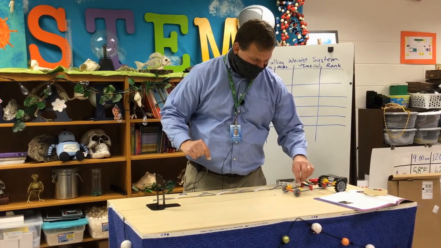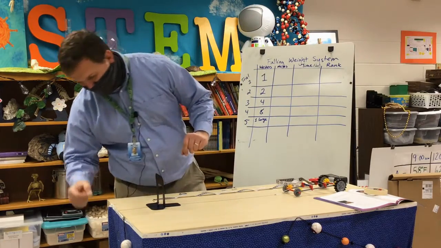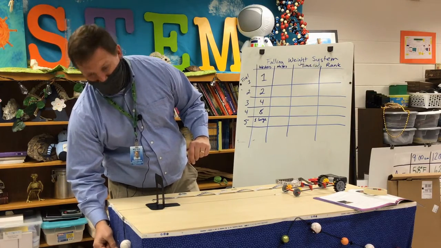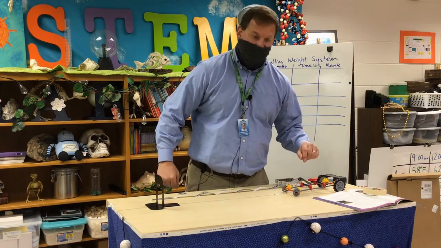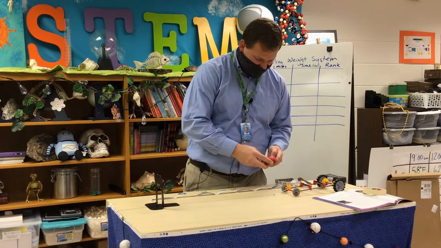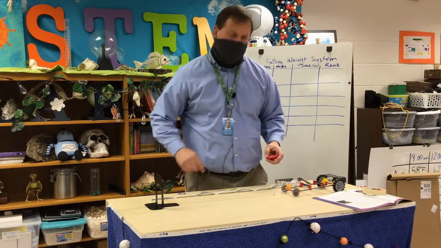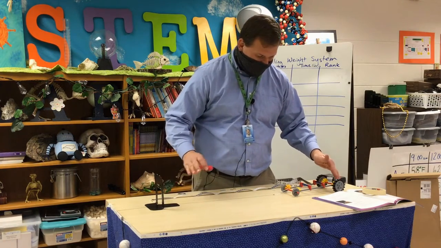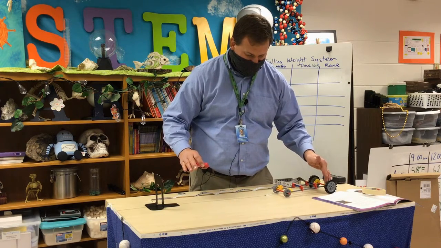Double check that we don't have any friction of any of the parts rubbing together. And so now I'm going to put the washer on our hook and make an observation and record. So our vehicle is not moving. I'm going to start our clock too. And now what I'm going to do is just lightly give it a little tap and see if any of the pull of the washer is moving it, and continue to give it small taps.